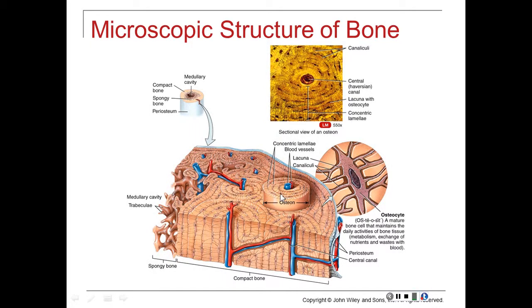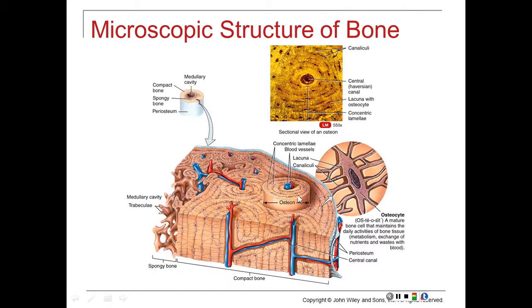They're connected to each other, so nutrients can be exchanged from osteocyte to osteocyte, all coming out from those central blood vessels. This hardened matrix, this kind of tan material, that's that water, that's the collagen, those are the minerals, those are all of the things that are laid down by the osteoblasts.